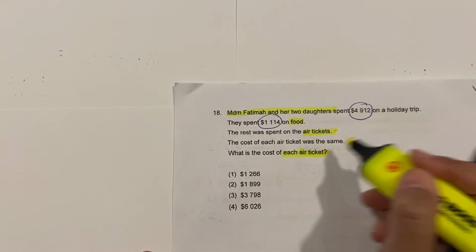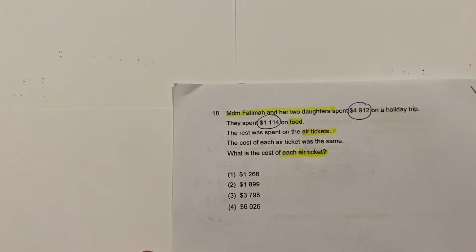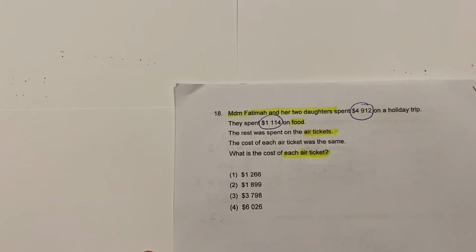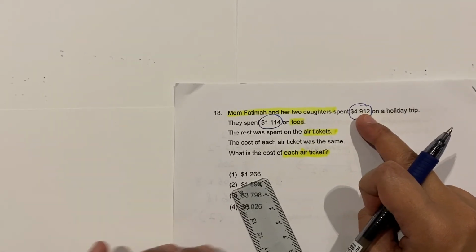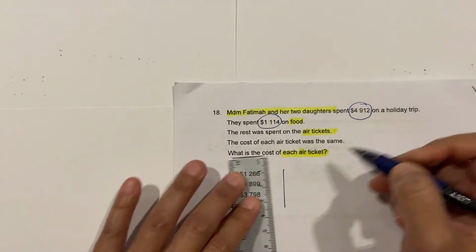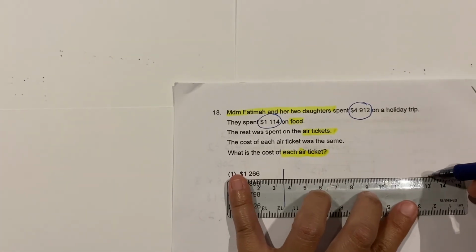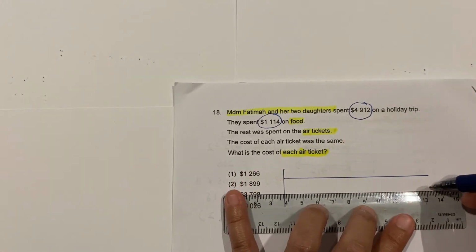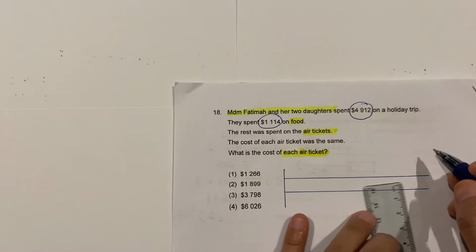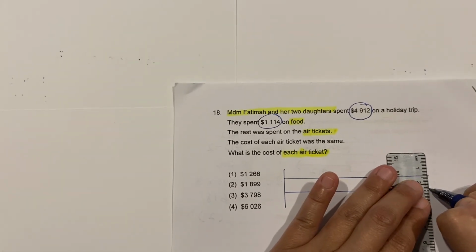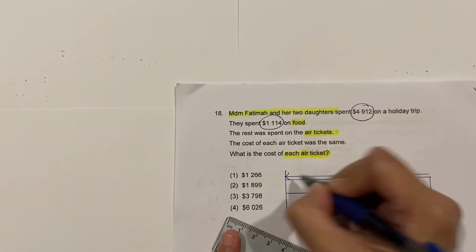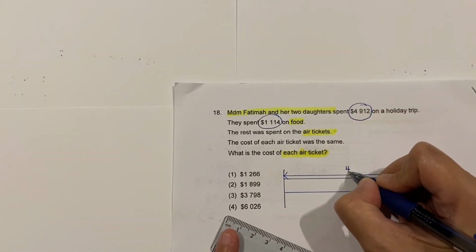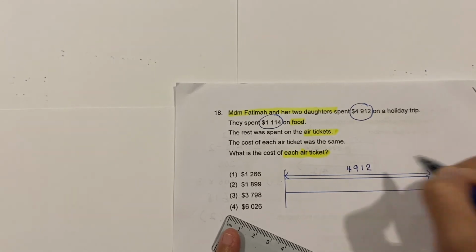So one air ticket. What you do is you have the total expenditure. I know it's something like that, so I will draw. So that's my total, 4,912.